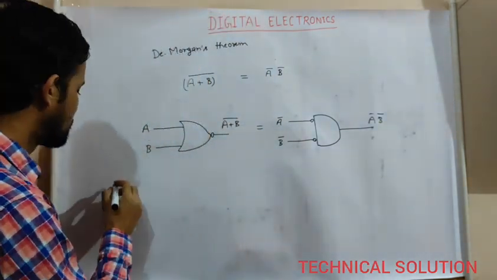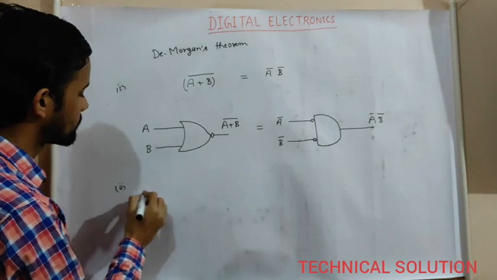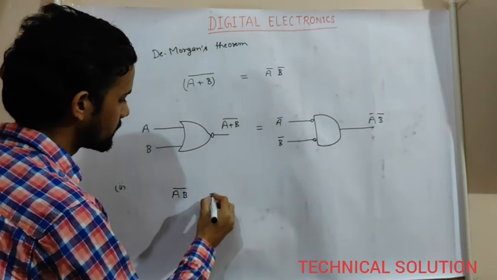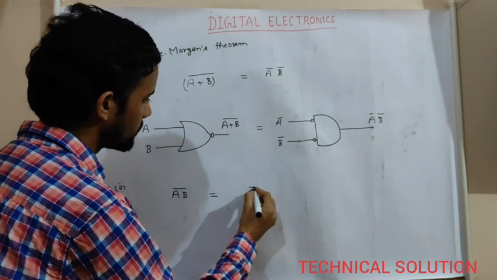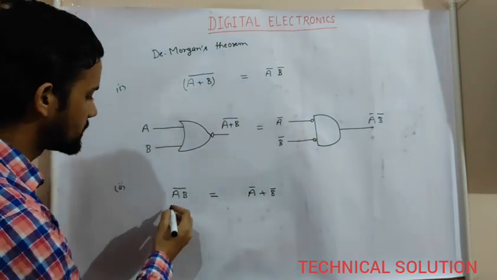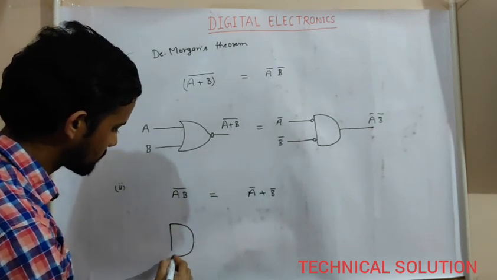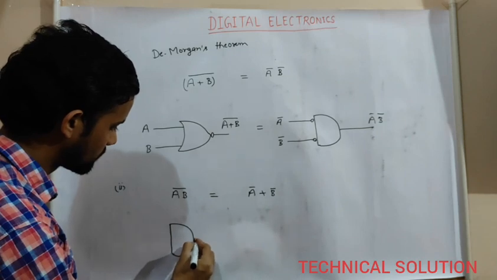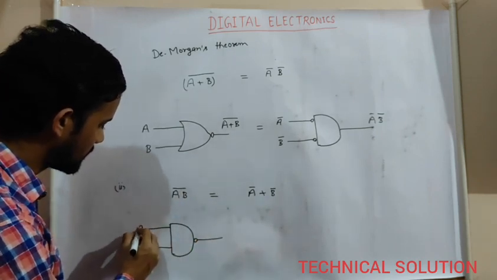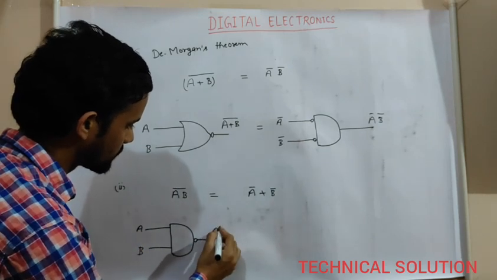Whereas the second De Morgan's theorem is given as (AB) whole complement is equal to A complement plus B complement. In the form of logic gates, this is represented by the NAND gate, which is given by this symbol. This is A and this is B. This is (AB) complement.